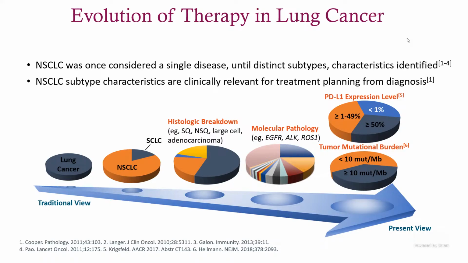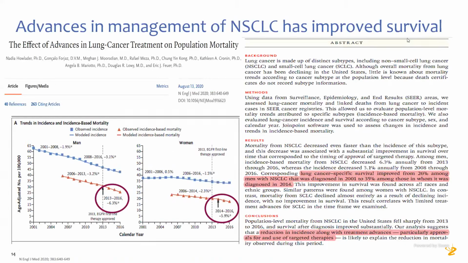So now we are in the era of precision oncology, where more and more targeted therapy and checkpoint inhibitors are coming up, and we are moving away from traditional forms of treatment like chemotherapy. It has been seen that advances in management of lung cancer have significantly improved the survival of patients.